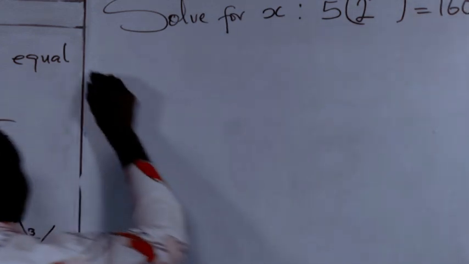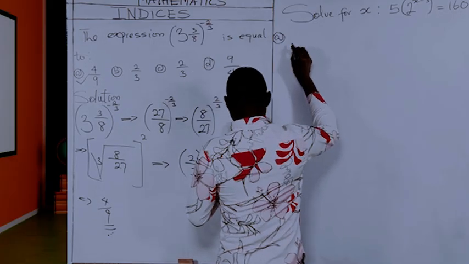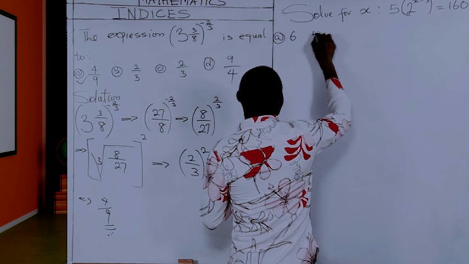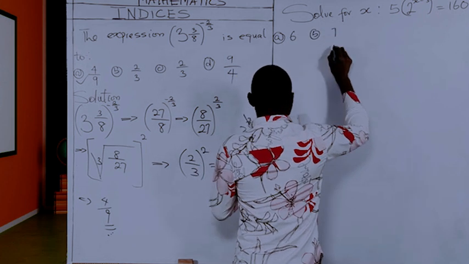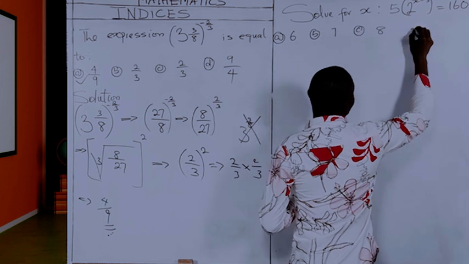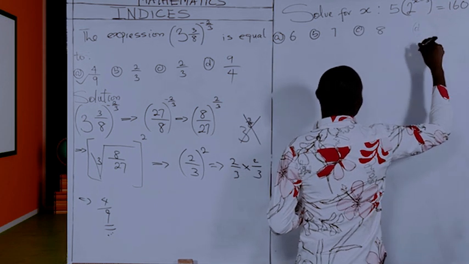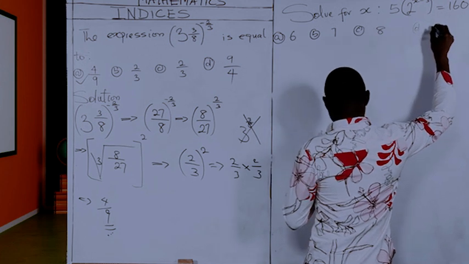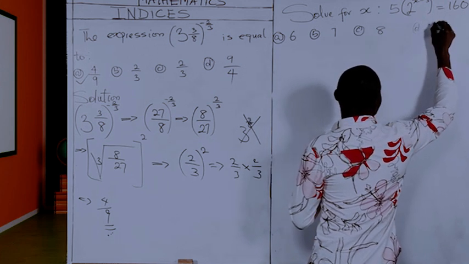Option A, we have 6. Option B, 7. Option C, 8. Option D, 10.